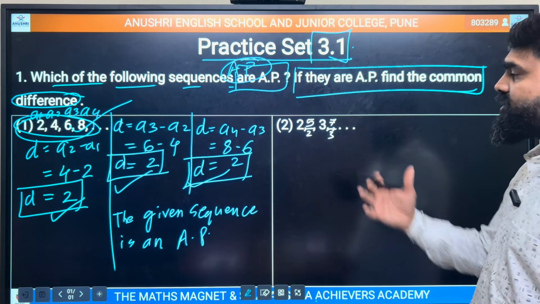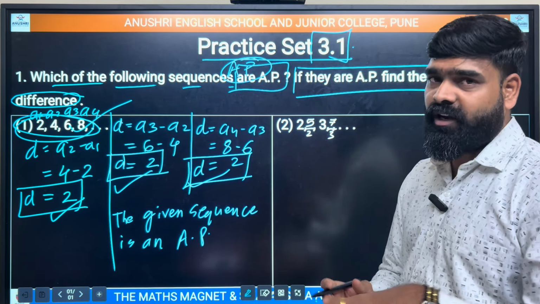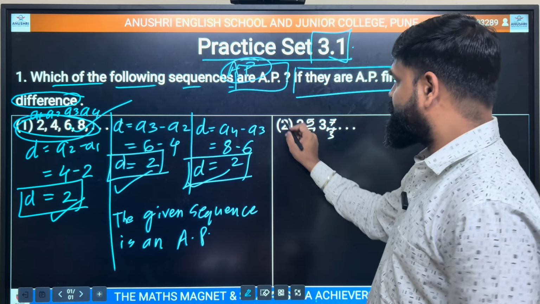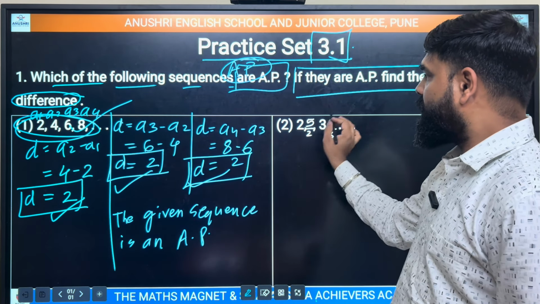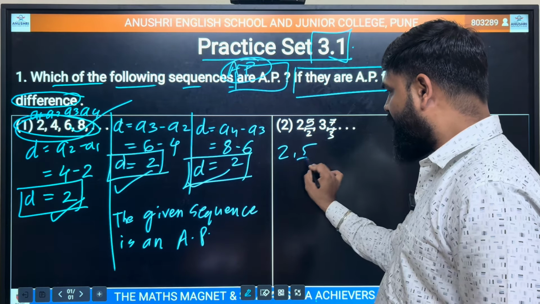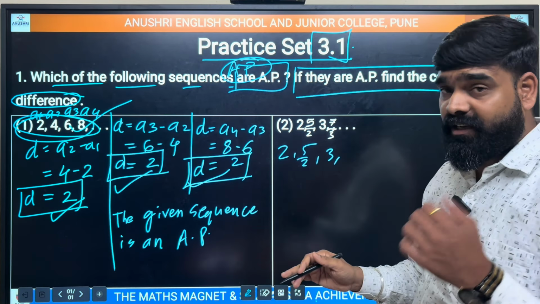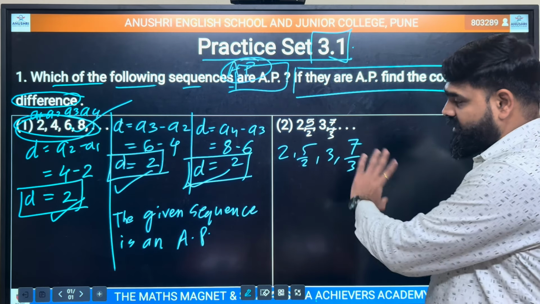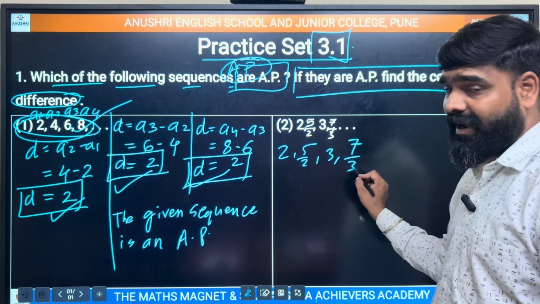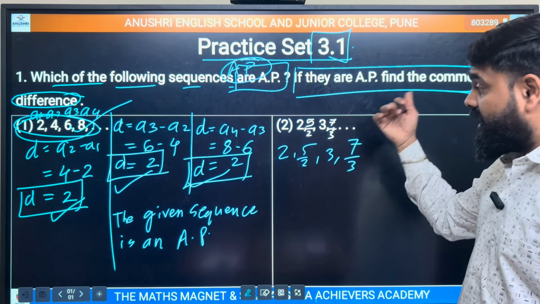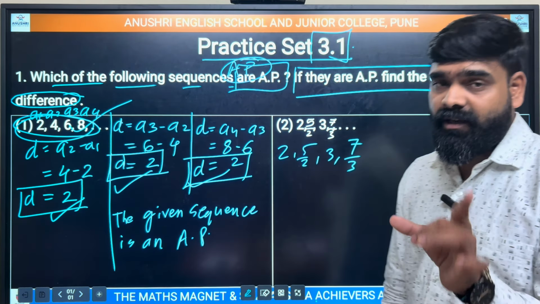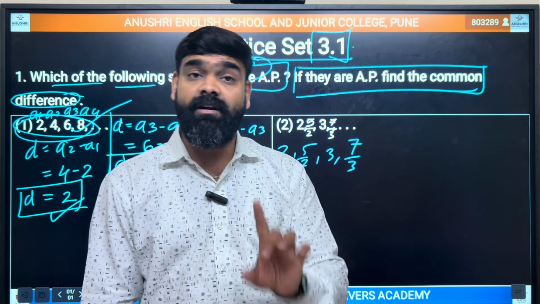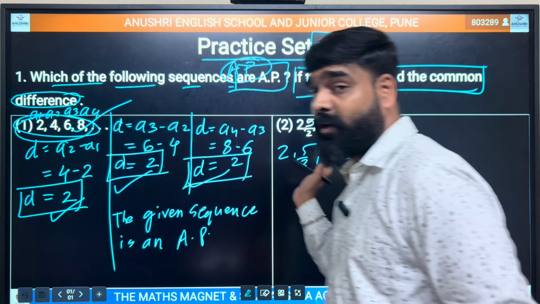So let us solve question number 2 in our Maharashtra textbook. The second question is like this: 2, 5 by 2, 3, and in our textbook they have given 7 by 3. But when we solve this question containing 7 by 3, we will get the answer that this is not an AP, but in the textbook the answer given says this sequence is also an AP.